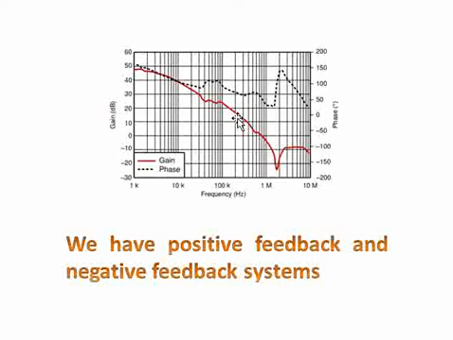The red line is called the gain plot, and the dotted line is called the phase plot. They are plotted against frequency. The x-axis is the frequency, the gain axis is on the left, which the waveform refers to, and on the right you have the phase. Phase is always in degrees.